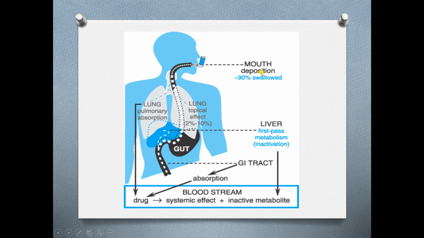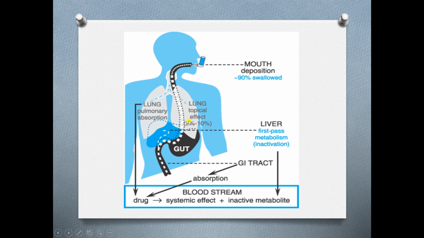This is how the drug is administered by the inhalation route. You use a device like a metered dose inhaler or nebulizer or a rotahaler, where 90% of the drug will be deposited in the mouth and it will get swallowed. But the rest 10% of the drug will reach the lung and produce the topical absorption effect, that is 2 to 10%.